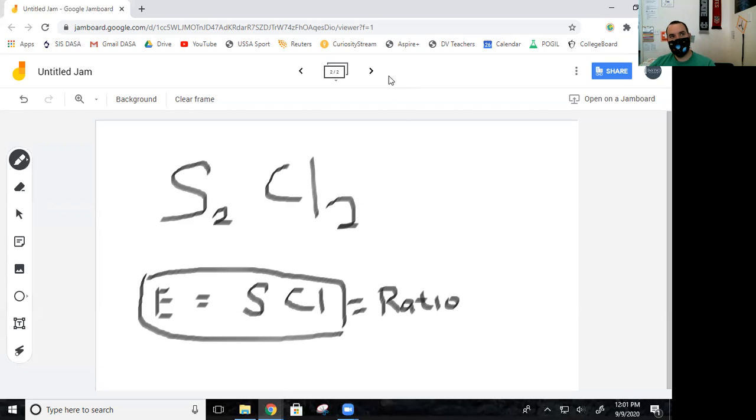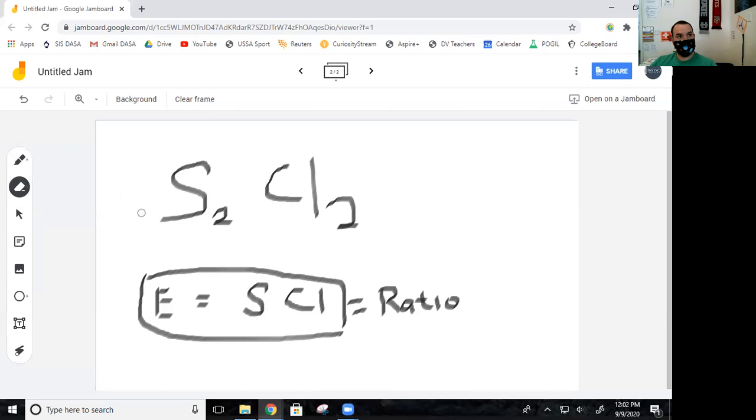One word I had here was fixed ratio. It was something that I had to read in my book. Sometimes chemists just want to be special and they throw an adjective onto something. So what is the ratio of sulfur to chlorine? It was 4 to 2 or 2 to 1.